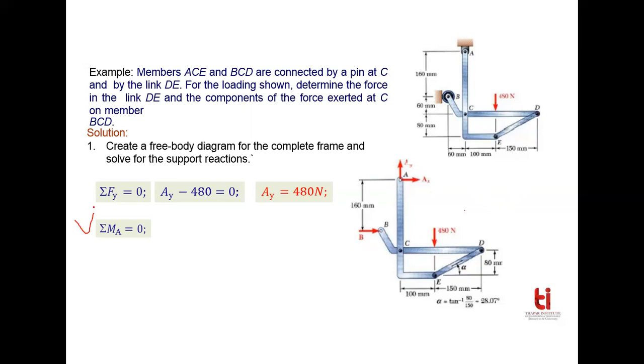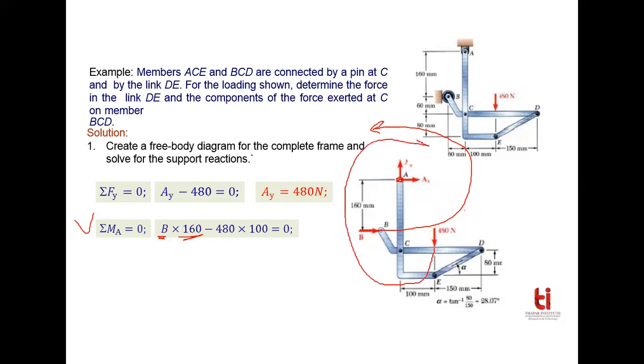So this moment balance about A will give you, if you take moment about this point A, only 2 forces will give moment. First one is B, so B will give an anti-clockwise moment, and the magnitude of this moment will be force into perpendicular distance. So force is B and perpendicular distance is 160 millimeter, and then this 480 Newton force will produce a clockwise moment.